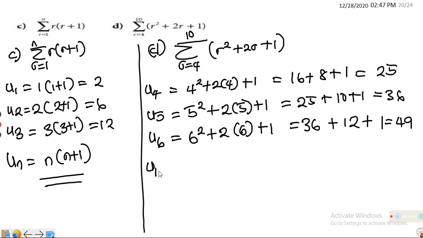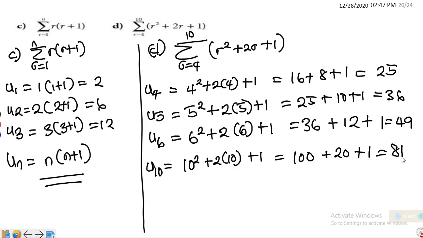So the last term, which is U10, will be 10 squared plus 2 times 10 plus 1, which is 100 plus 20 plus 1.